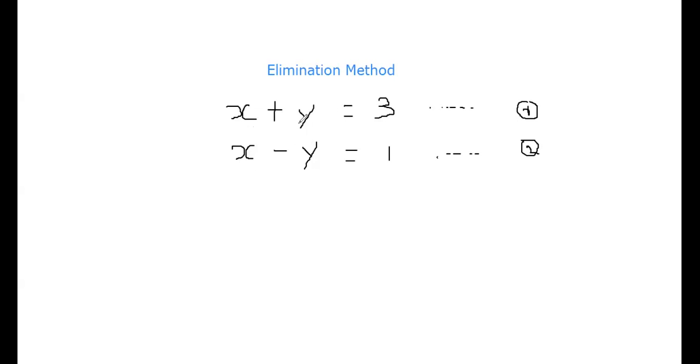Which one do you want to eliminate first? We'll eliminate the x. If we eliminate the x, that will allow us to find y. And if we eliminate the y, that will allow us to find x.